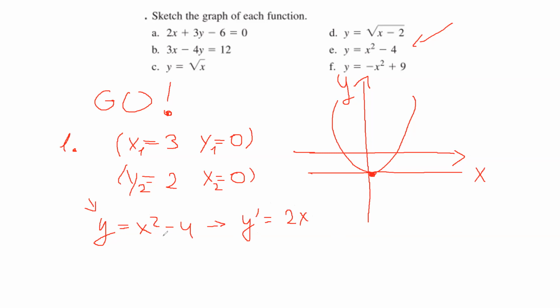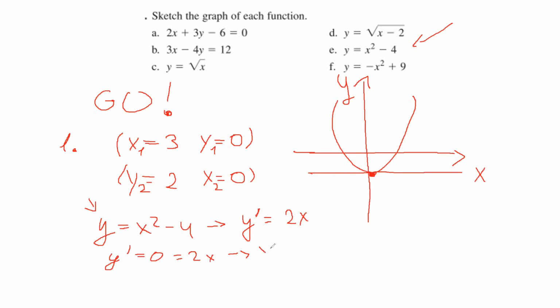So now I just need to solve it for 0. Yep. So now I say derivative equals 0 equals 2x. So x equals 0.